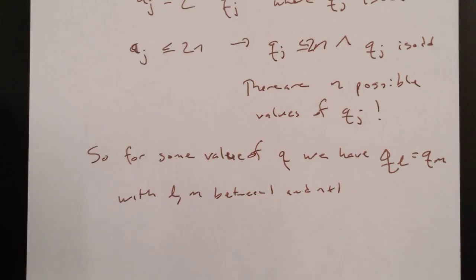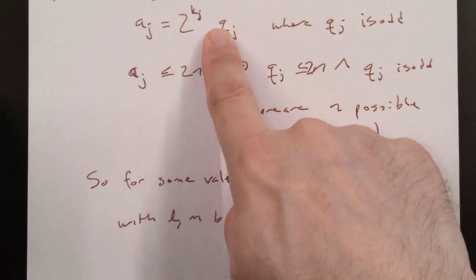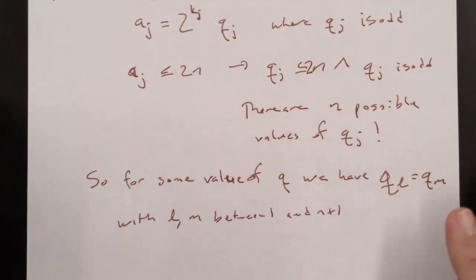All right, so what? What does this matter? I've got 2 numbers that have the same odd part, and each of those numbers is written like this, right? So it's some power of 2 times the same thing.